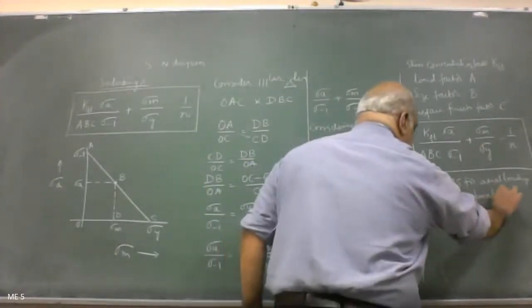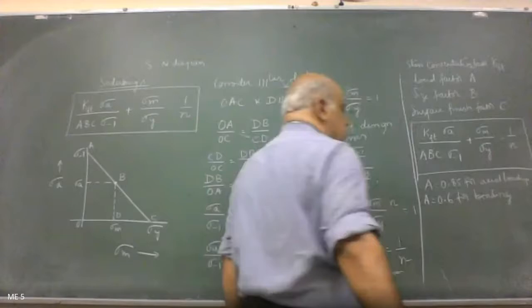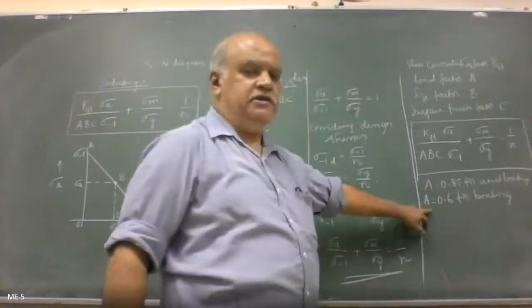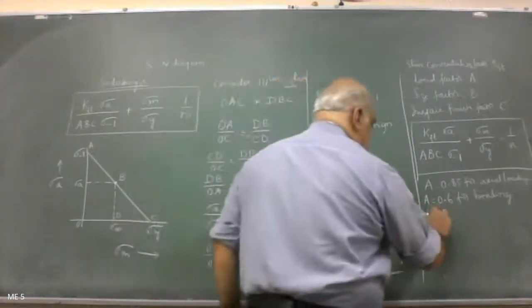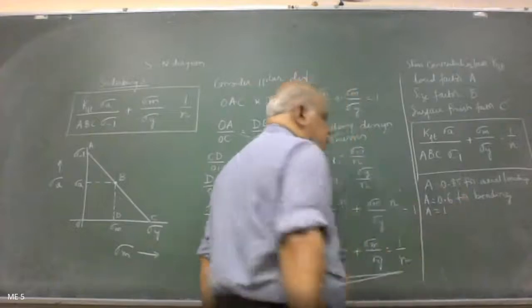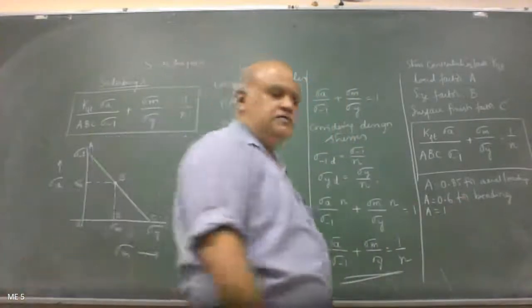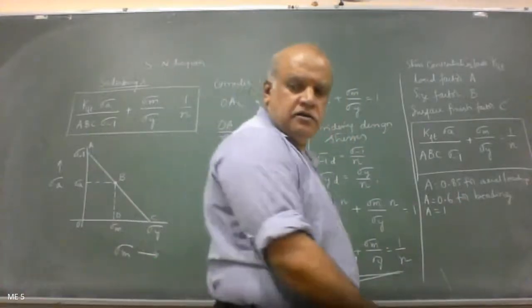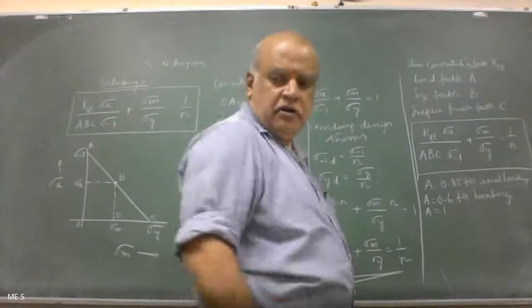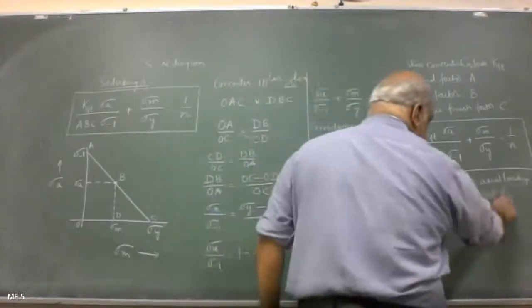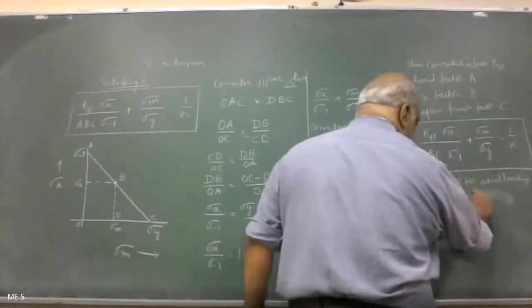That is, when it is subjected to bending moment, we take A to be equal to 0.6 if not given, and A is equal to 1 for torsion. Is it okay? I mean, this is for torsion, 0.6 is for torsion, and 1 for bending.